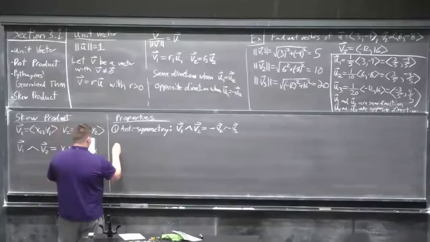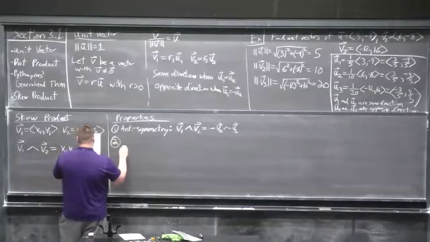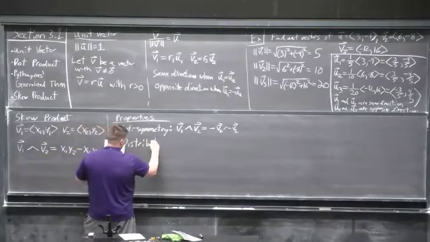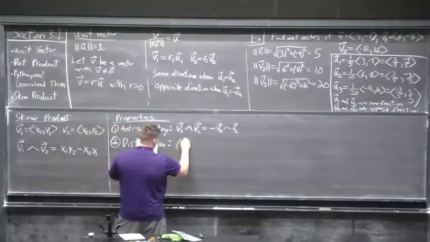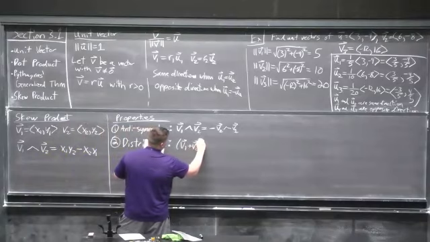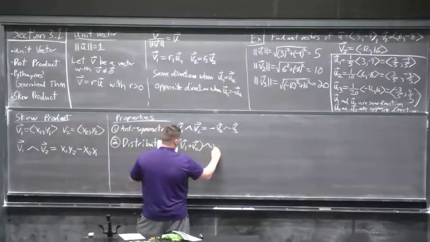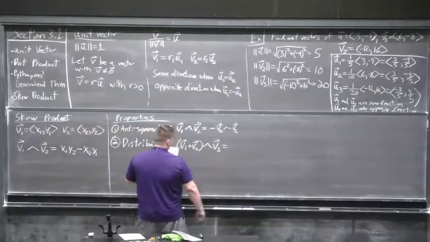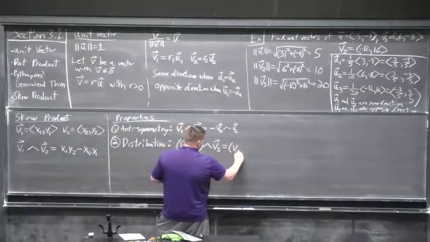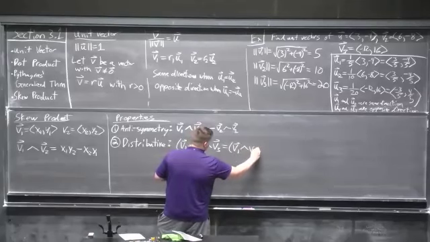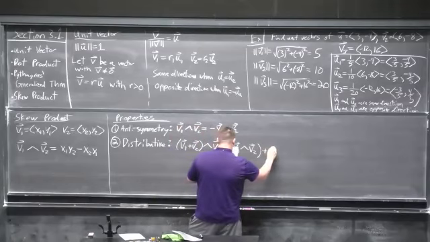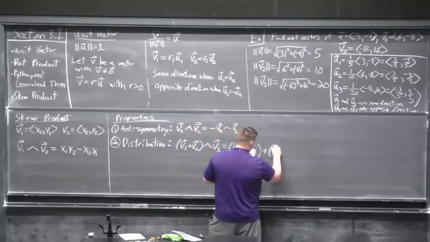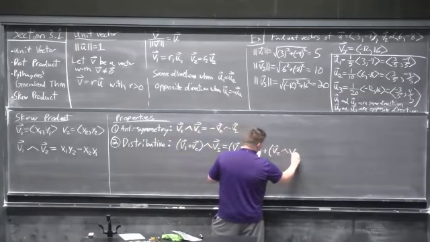We have distribution. So we have V1 plus V2, and we're going to skew this with V3. This is the same as V1 skew V3 plus V2 skew V3.